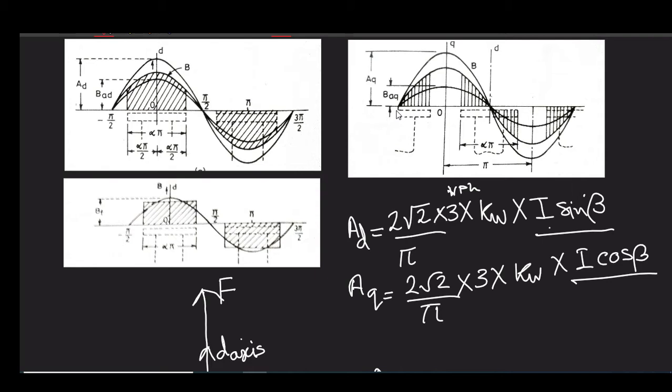When you divide this by length you get H, and with that H you get the flux density B. Now flux density exists in the region between your stator and rotor.